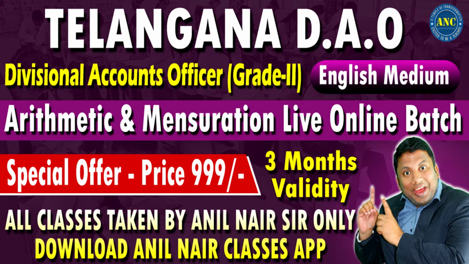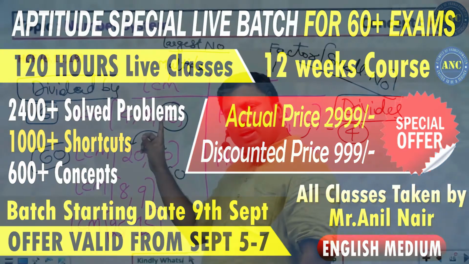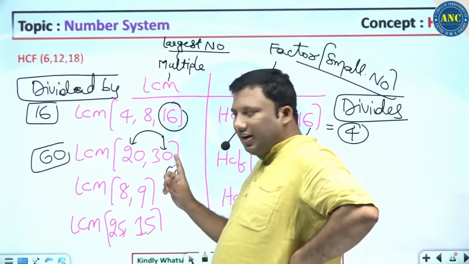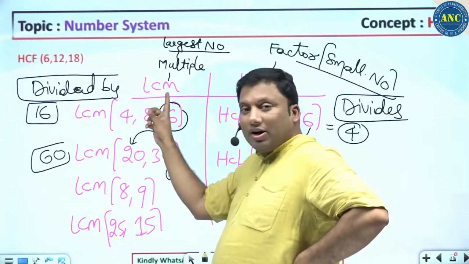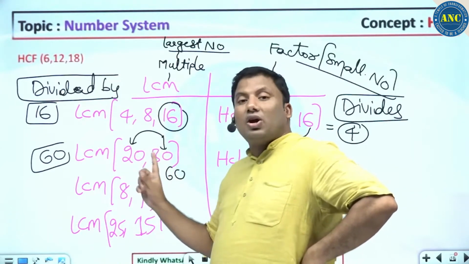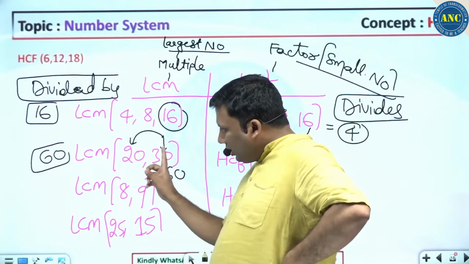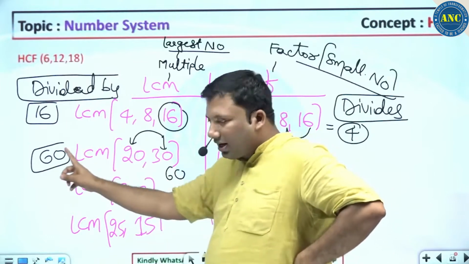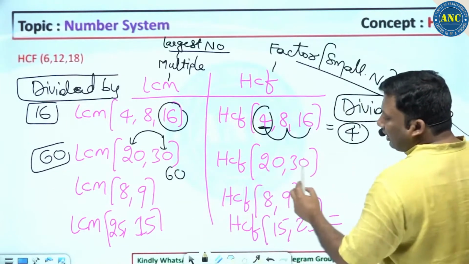Largest number should be divisible by every other number. If the largest number is not divisible by every other number, take the multiple because it is LCM. 30 is not divisible by 20. 3 times 20 is 60. 60 is a multiple of 20. Write down 60. HCF of 20 and 30.